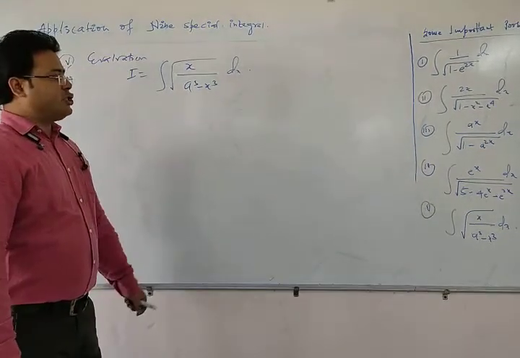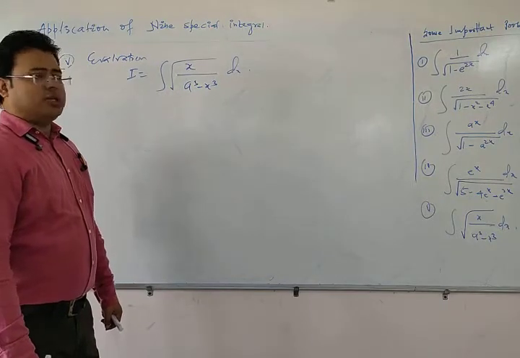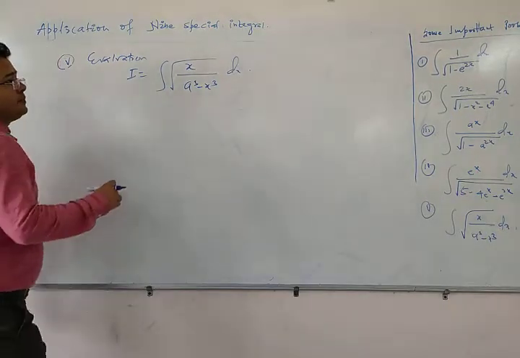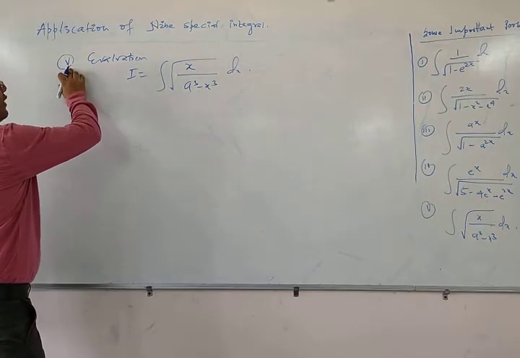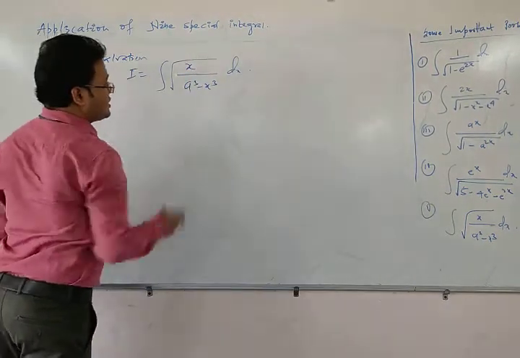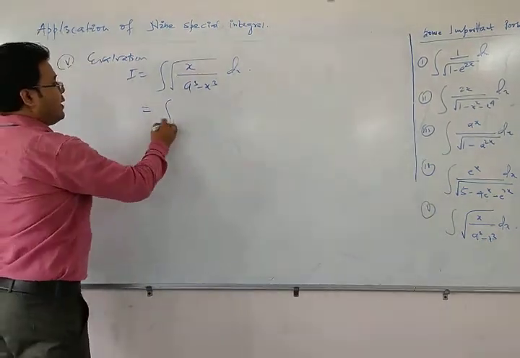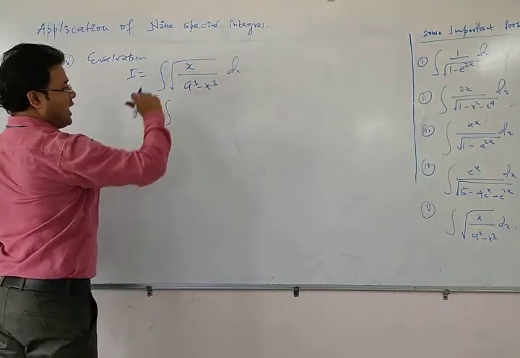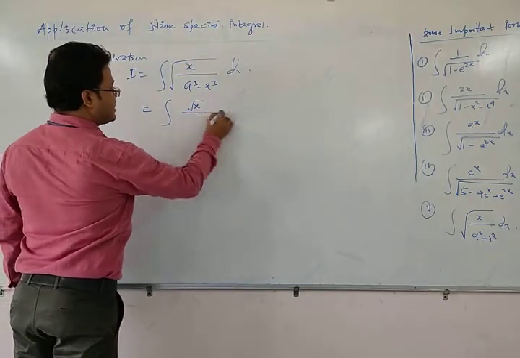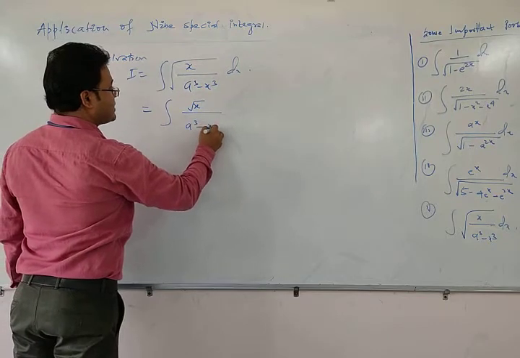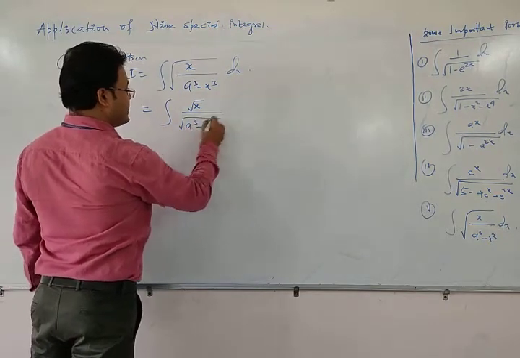Now I have reached the last problem. Here, number 5, evaluation, I is equal to this. First of all, we have to rearrange this question like this: square root of x upon a cube minus x cube, square root of this dx.